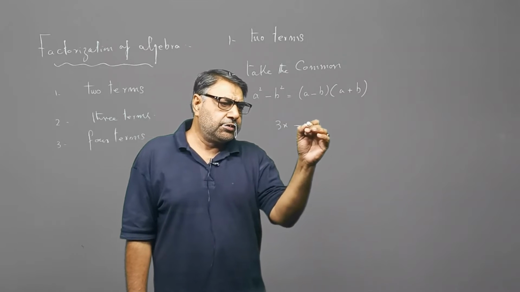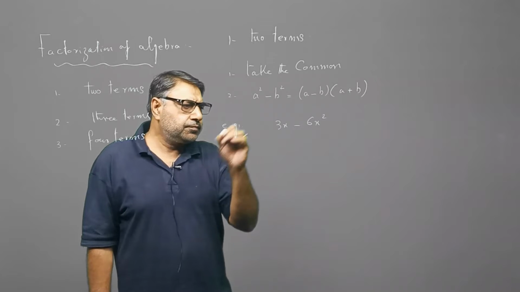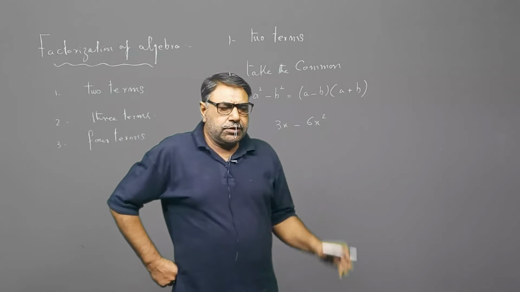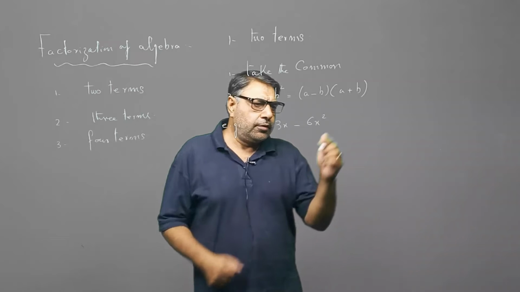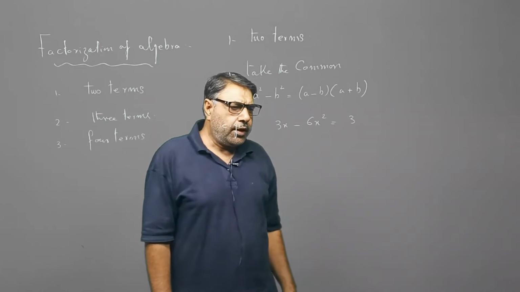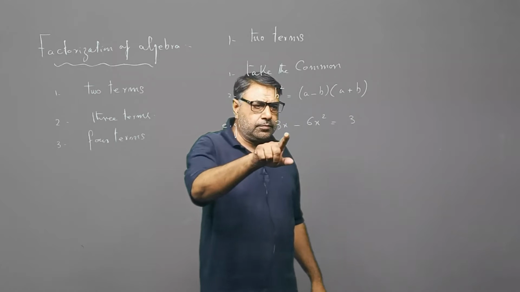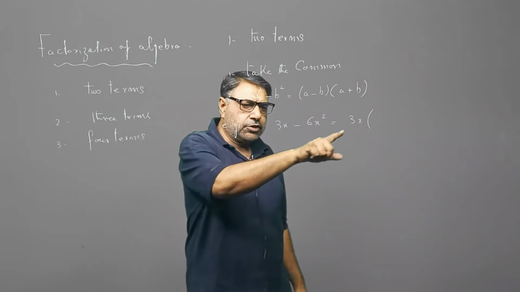3x minus 6x squared, the first example. Look at the example. We have 3 common among the two, and x is also common. Take 3x common.